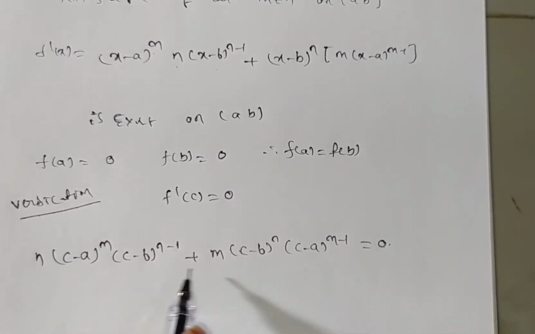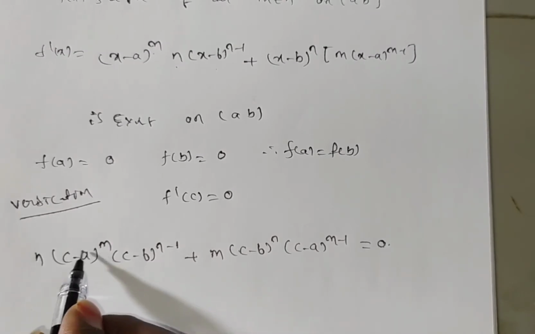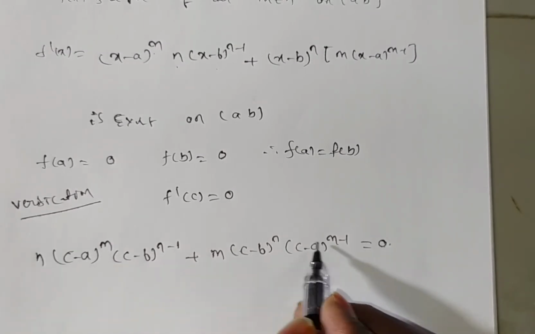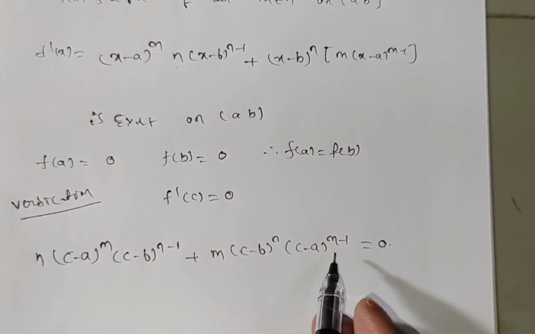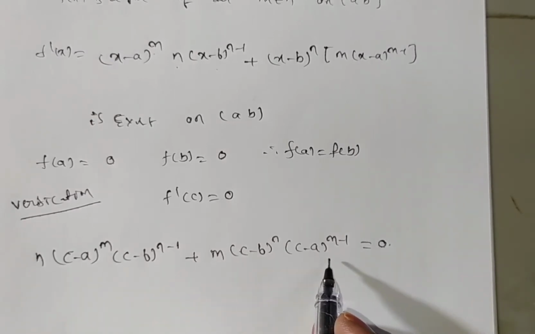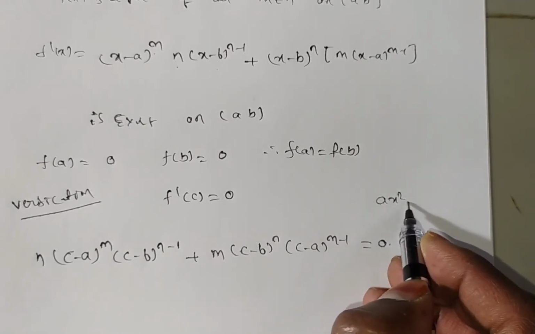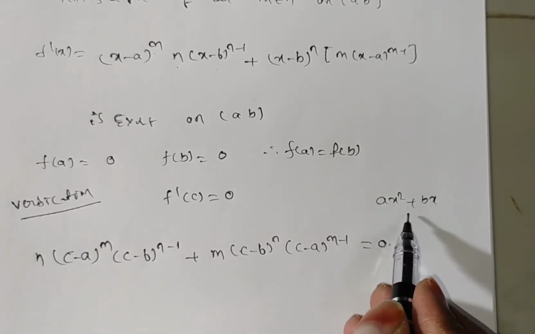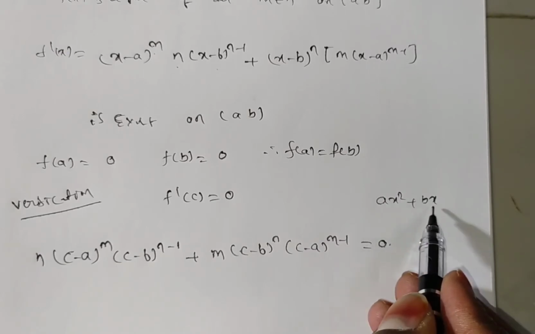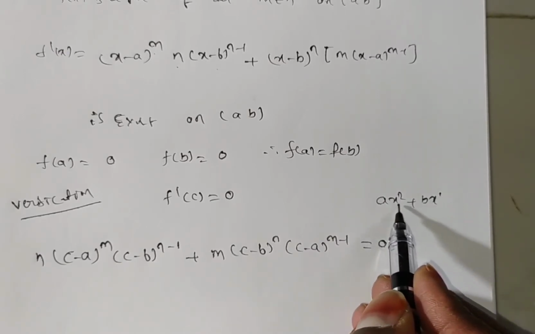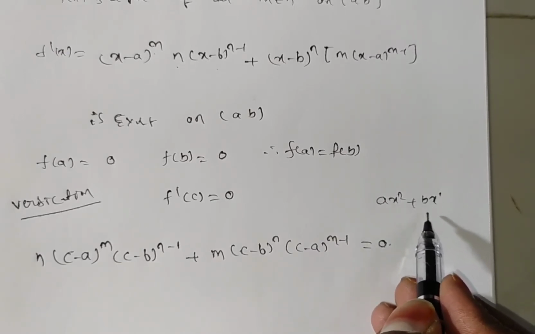From this, what can you take as a common term? You see (c minus a) power m is there and (c minus a) power m minus 1 is there. Which is highest here? m is highest. Least is m minus 1. So the least power will be common. Suppose I have ax squared plus bx. Then what can I take common? x I can take common, because the least degree is 1 and the other is 2.